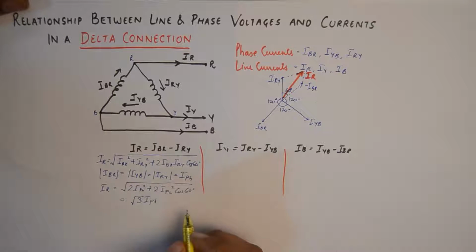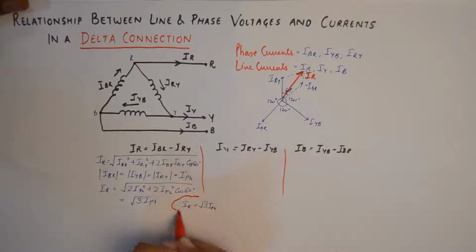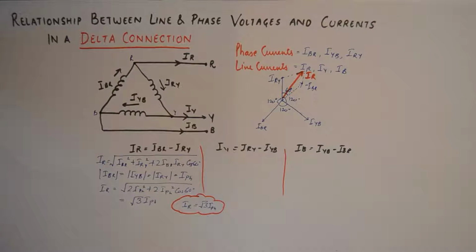And IR is nothing but the line current. IR will come out to be equivalent to under root of 3 IPH, and this is a super important relation or equation for the delta connection.